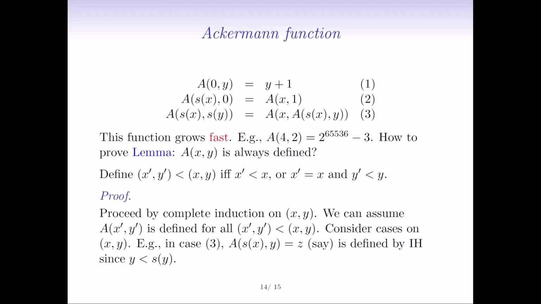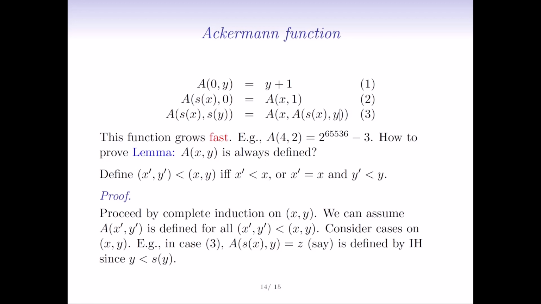so the first thing to check is that this guy, a of sx and y, is defined. And actually it is by the induction hypothesis, because although the first argument of both functions is the same, we have that y is smaller than successor of y. And therefore sx and y is also smaller than sx, sy.